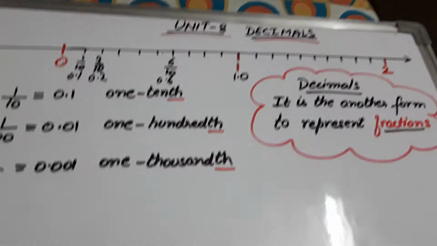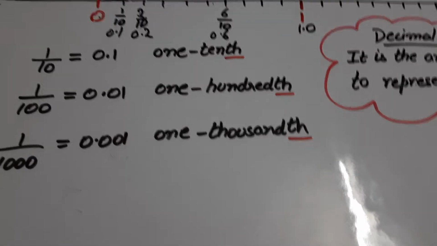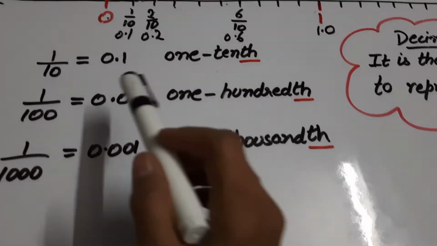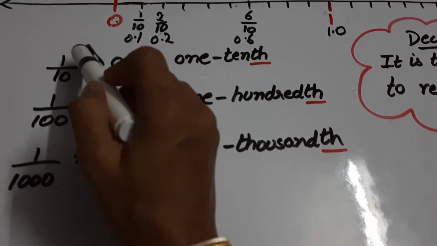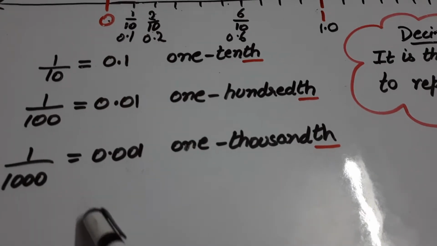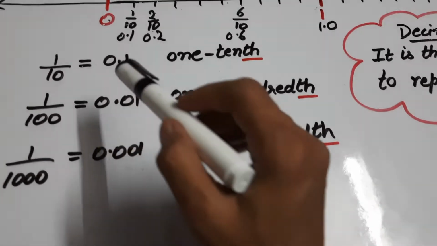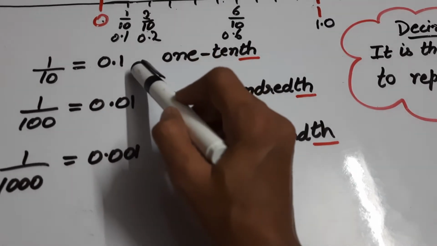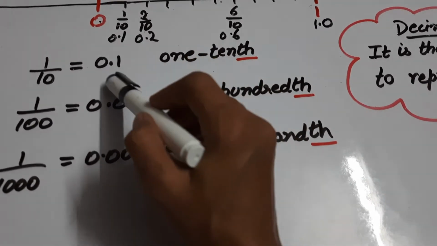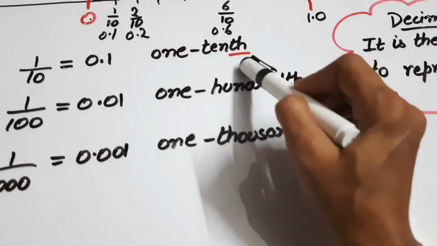So this is the example. Now, dear students, let us read out these fractions. If 1 by 10 is there, it can be written as 0.1, and we will read it as 1/10.